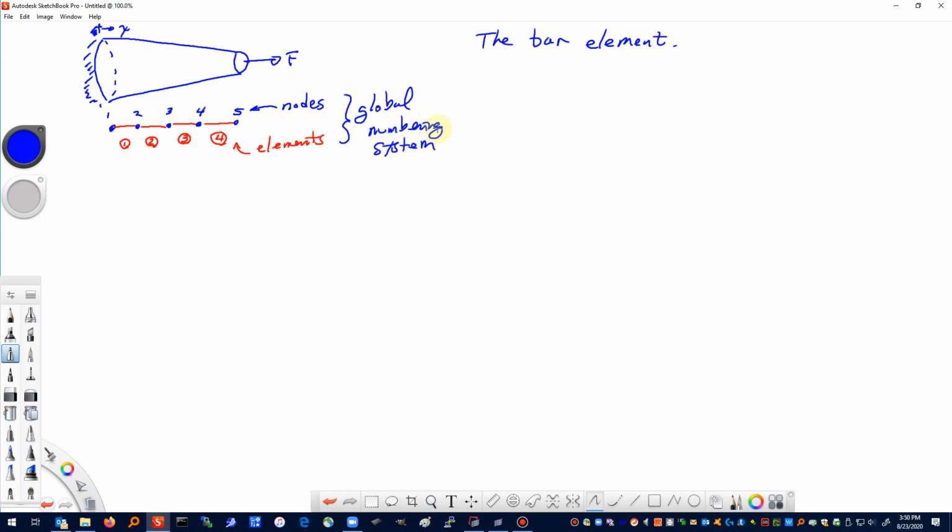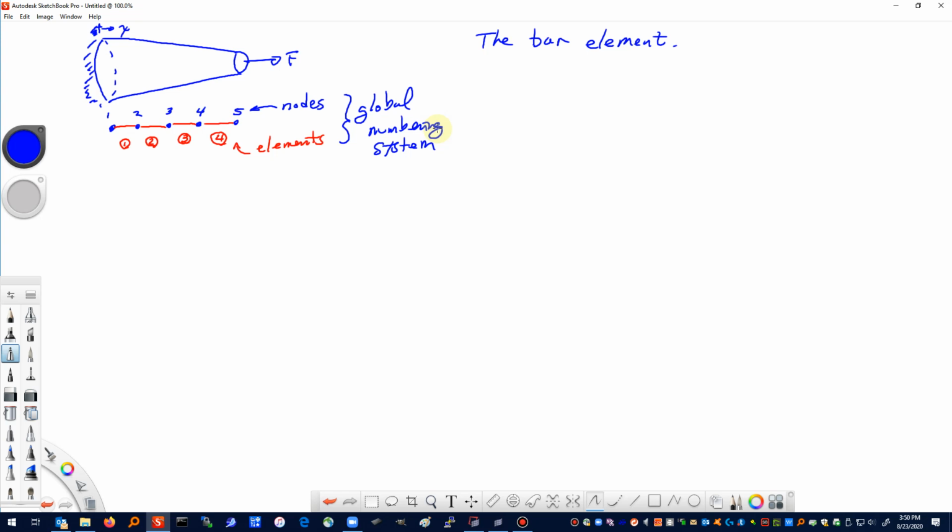Now the reason why we want to distinguish between the global and what I'm going to call the local numbering or coordinate system is that if we really look at this, there really isn't any mathematical difference between element number 1 and element number 4. Now sure, they may have different properties such as their areas and their lengths, but the algebra that we have to do, the basic formulation of those is the same for each one of those particular elements.